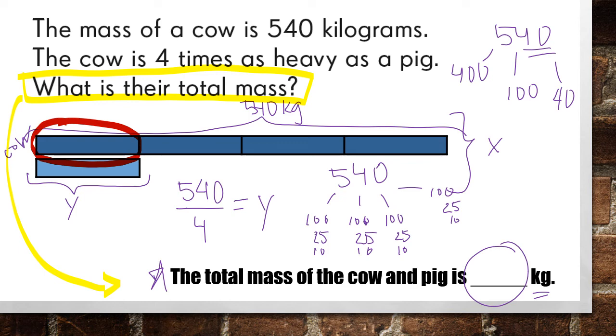So each one of those sections is worth, you have to combine all of those together, 135. So we know that y equals 135 kilograms. Let's put that unit in. 135 kilograms. Can we remember that to the next slide?